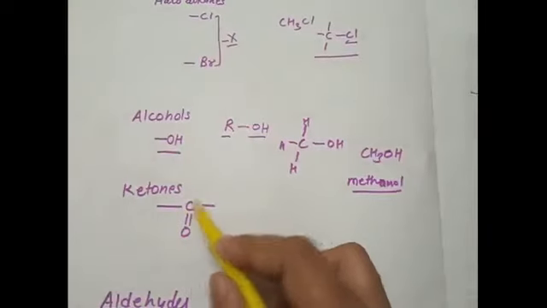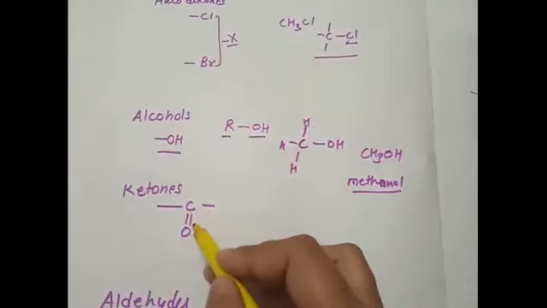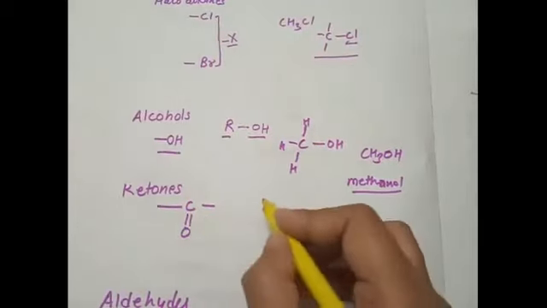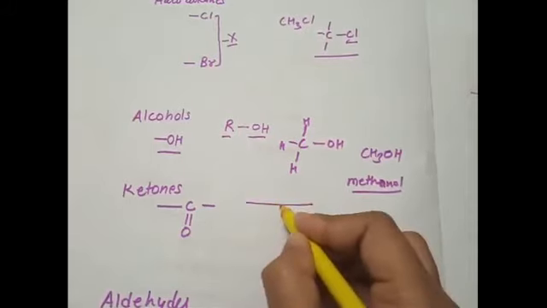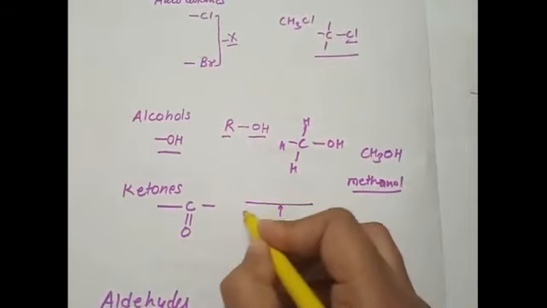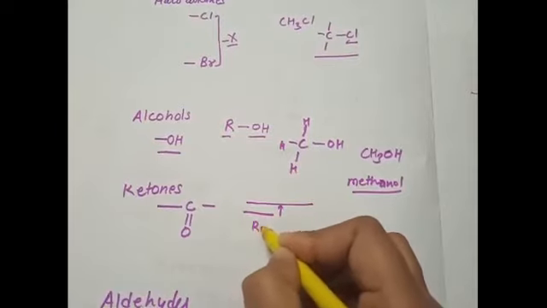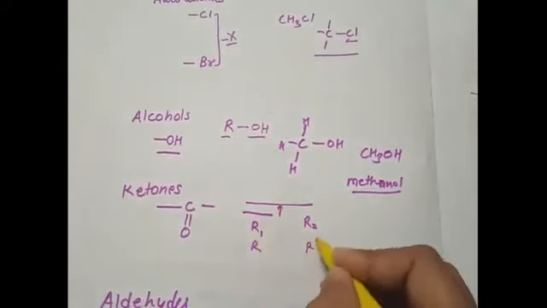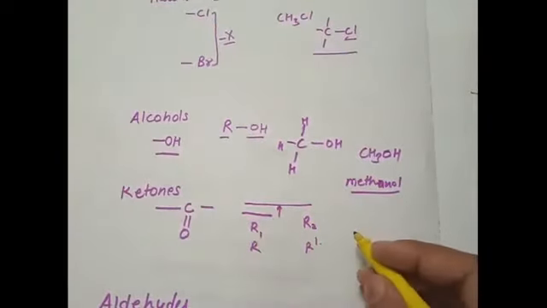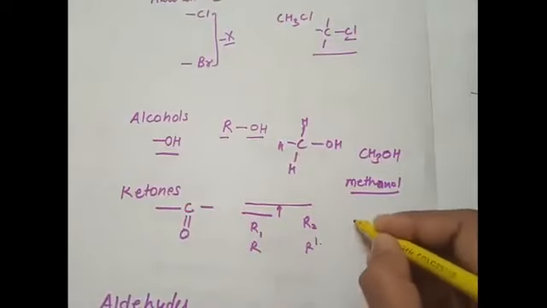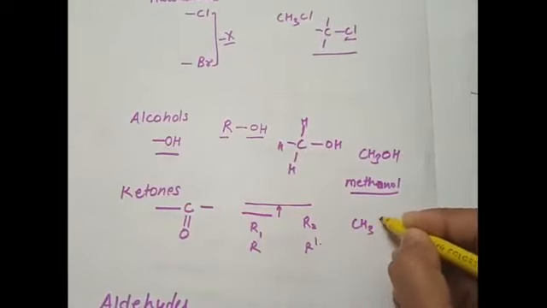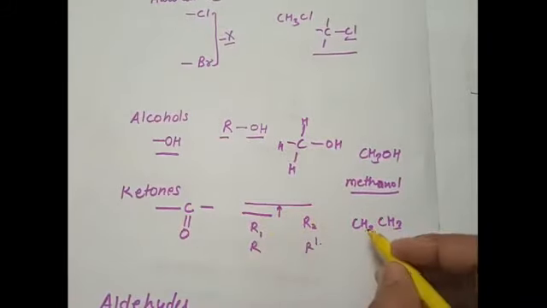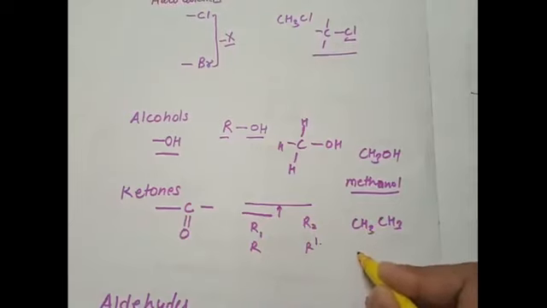The third is ketones. In ketones, C double bond O is attached in between the carbon chain. Suppose we have a long carbon chain and we are attaching the ketone group here. Suppose this is R1 and this is R2, or R and R dash. If we have CH3 and CH3 and we have to attach C double bond O in between, how will it get attached?